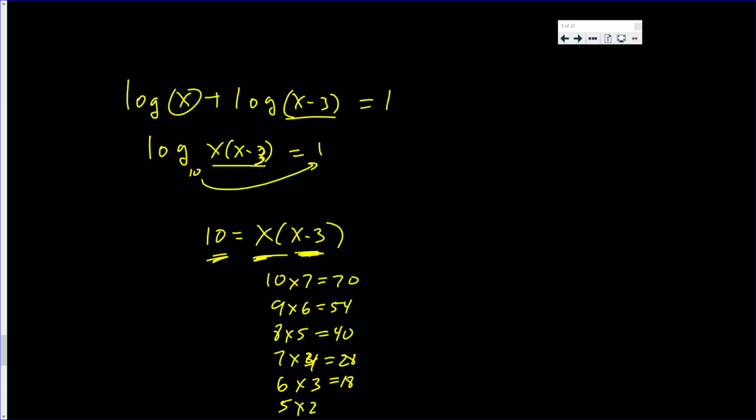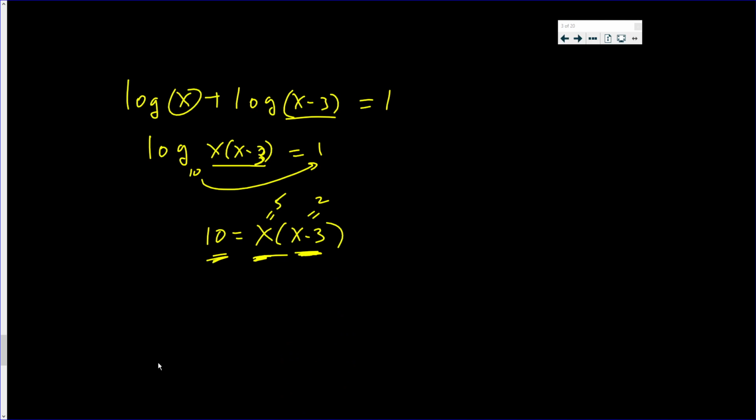Ooh, 5 times 2 is 10. So x can be 5, and x minus 3 would be 2. That's one answer. Or x can be negative 2, and x minus 3 would be negative 5, and this product is also 10. So either x is 5 or x is negative 2.